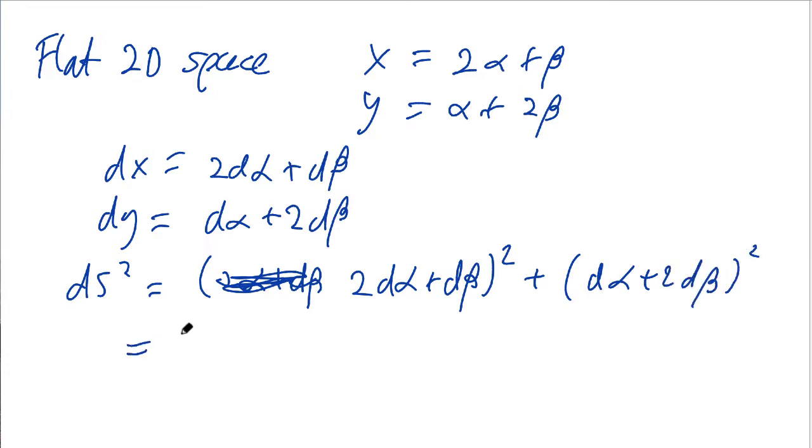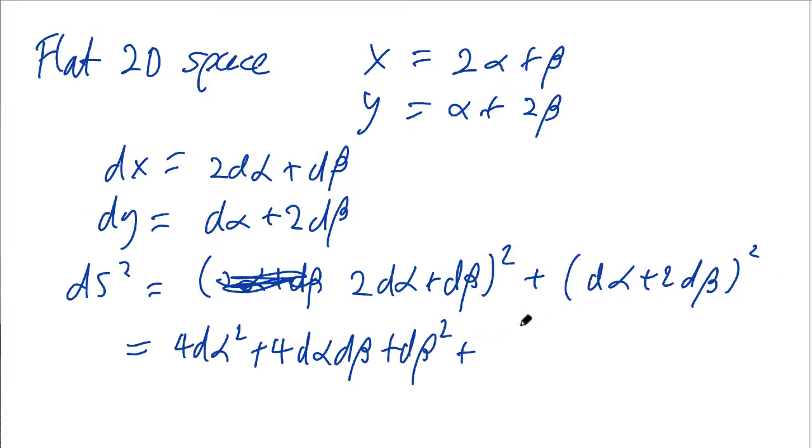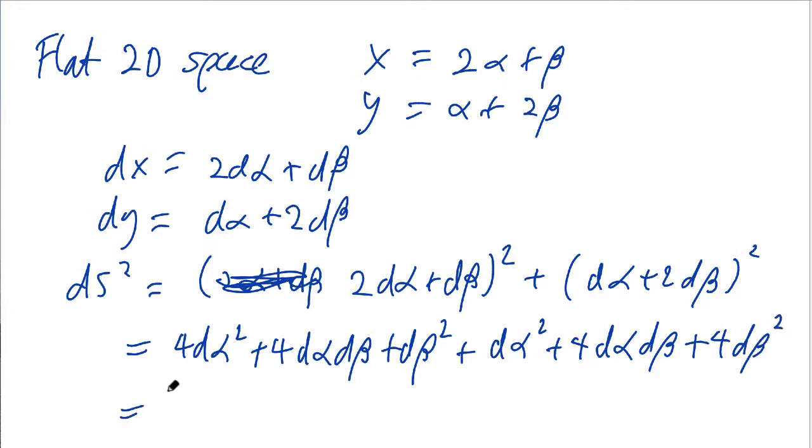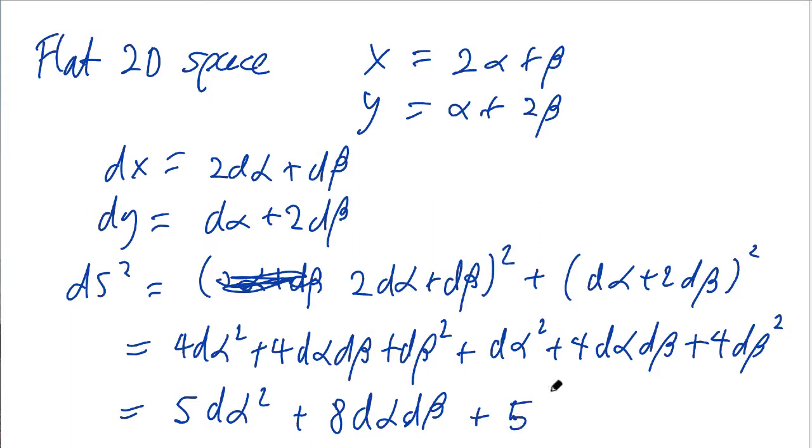So this is 4 d alpha squared plus 4 d alpha d beta plus d beta squared. Then from the second term we have d alpha squared plus 4 d alpha d beta plus 4 d beta squared. Simplifying, we get 5 d alpha squared plus 8 d alpha d beta plus 5 d beta squared.